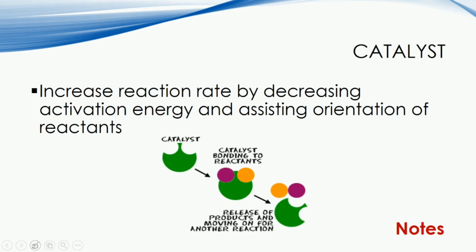So therefore, we are not just relying on random collisions, we're helping them. And also, because we're not just relying on those random collisions, we are not utilizing as much energy as otherwise we would need. So catalysts help us in decreasing the activation energy.